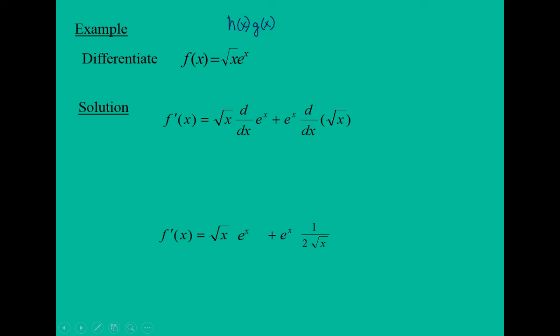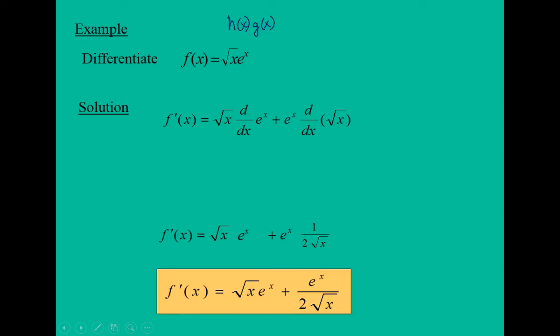That's our derivative. Now we could simplify this a little bit. We could factor out an e to the x, and then we could get a common denominator. But this is the derivative of our function.